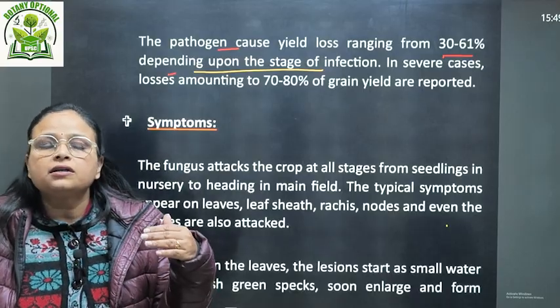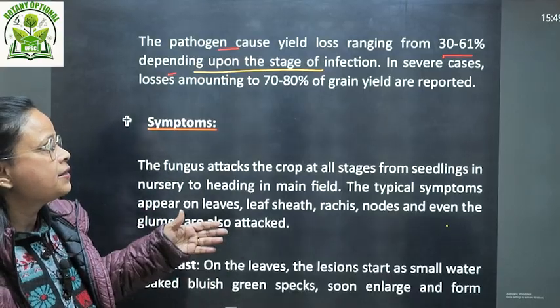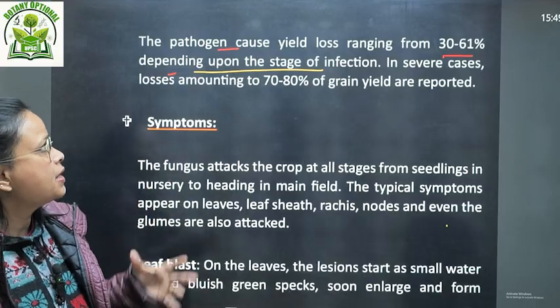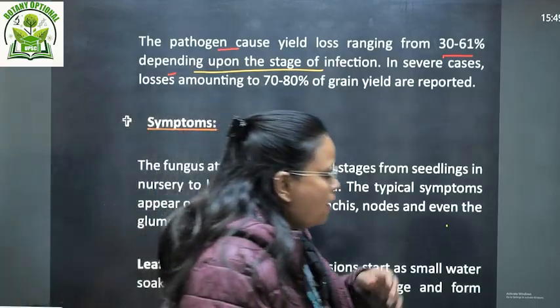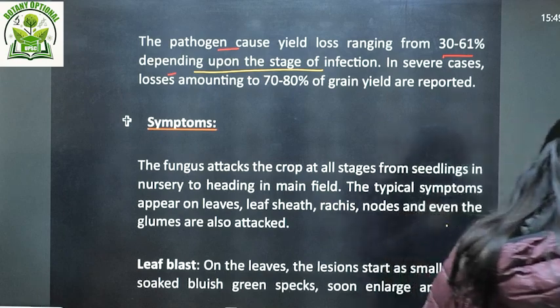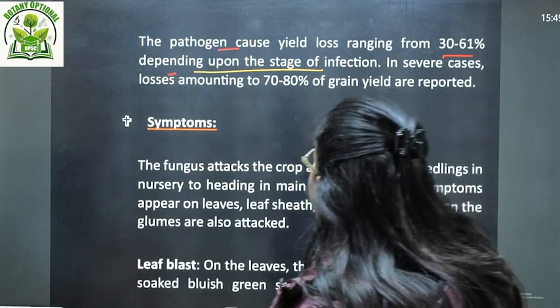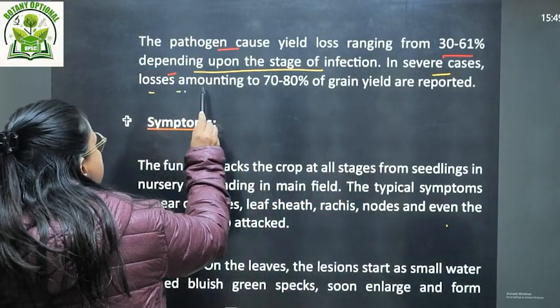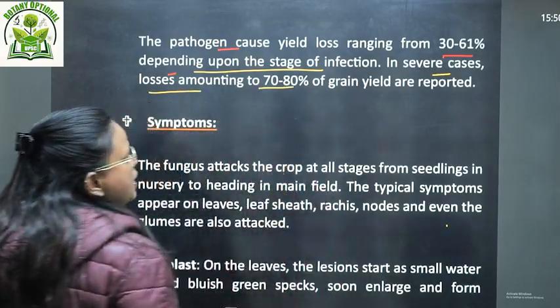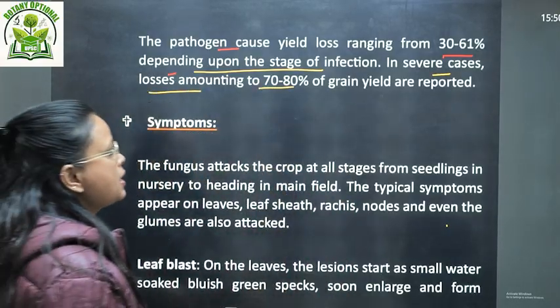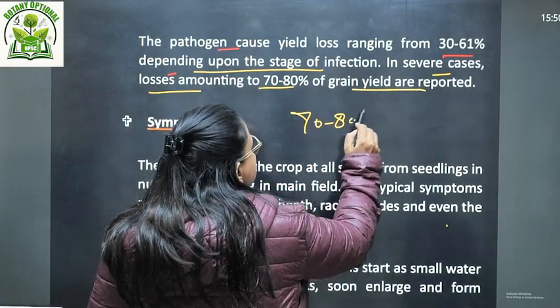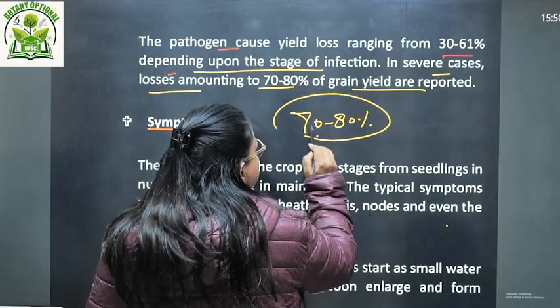So when the organism creates the problem to the plant, causing infection, at that time we have to see which stage of infection it is. In severe cases, losses amounting to 70 to 80% of green yield are reported. How much? That is 70 to 80%.